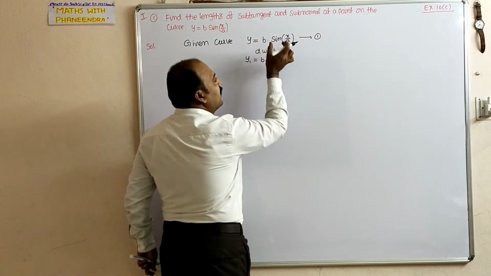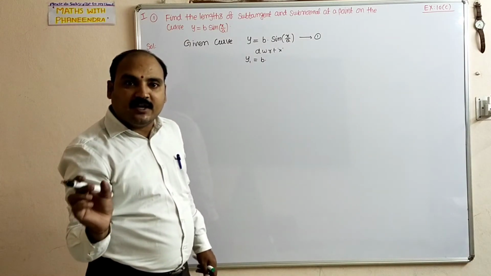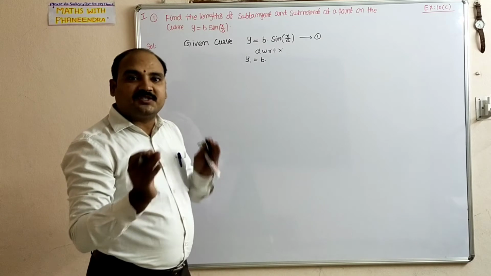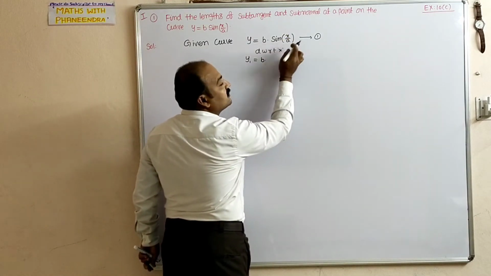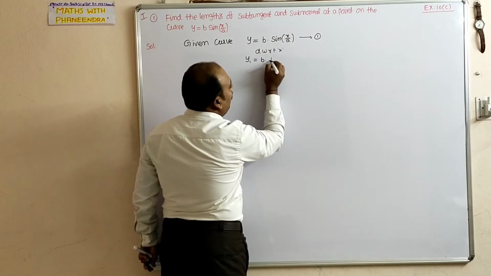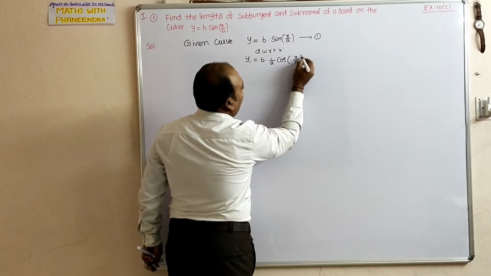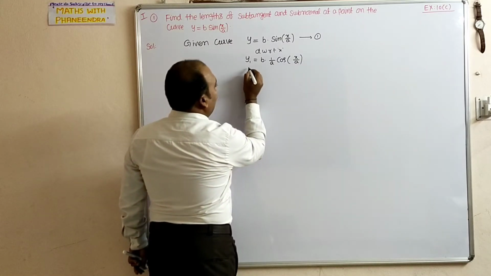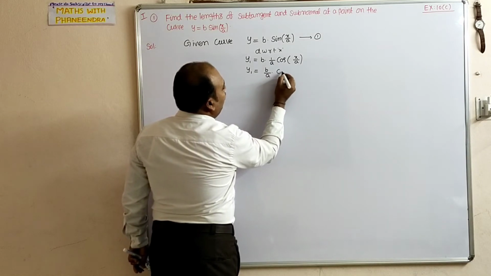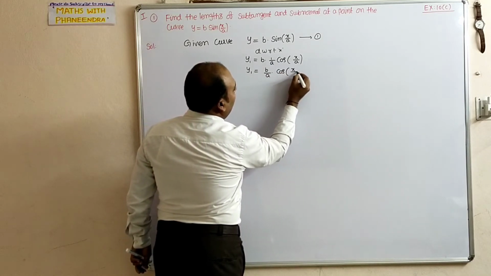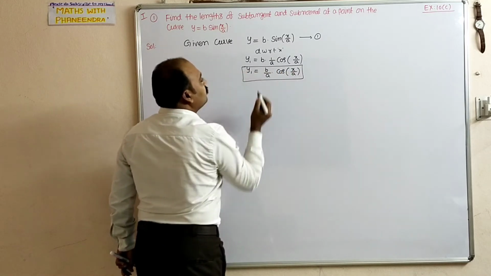Sine x by a is in the form of sine ax. D by dx of sine ax is a into cos ax. In place of a, what value is there here? 1 by a. So d by dx of sine x by a is 1 by a into cos x by a. So y1 value equals b into 1 by a, which is b by a into cos of x by a. We got the y1 value.